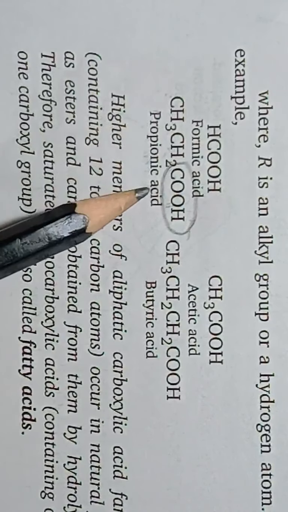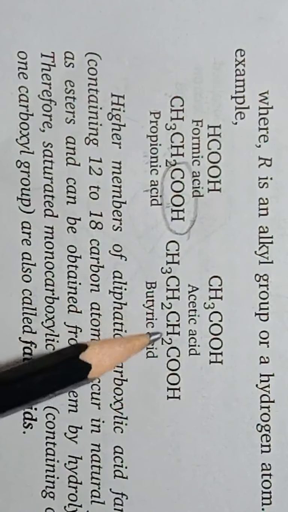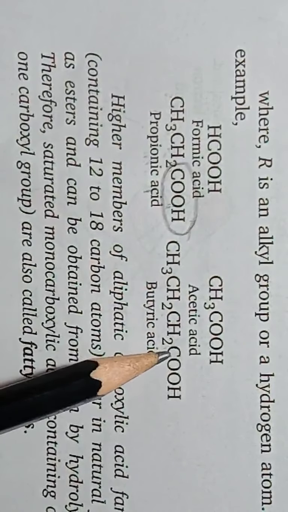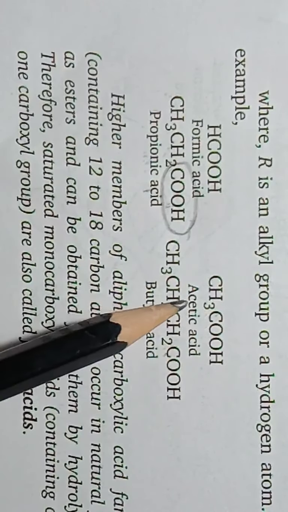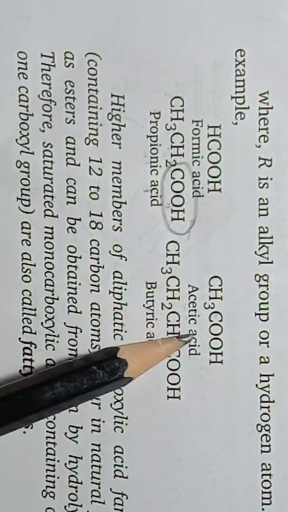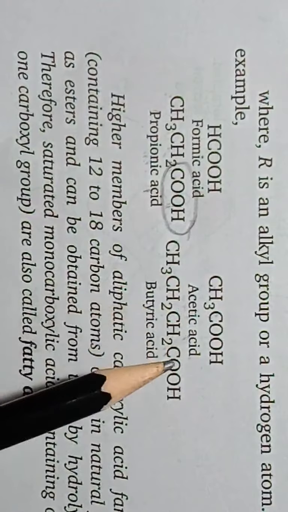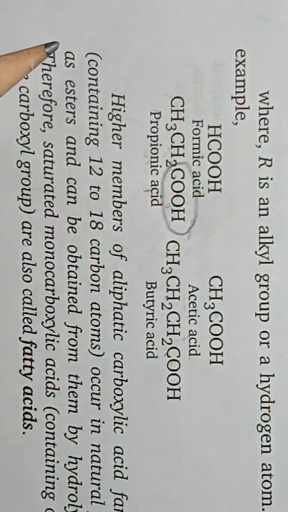Okay, propanoic acid. Same way for this acid, the name will be 1, 2, 3, 4, butanoic acid. This is ethanoic acid, or the industrial name is acetic acid. So ethanoic acid or acetic acid, butanoic acid, propanoic acid, and this is methanoic acid.